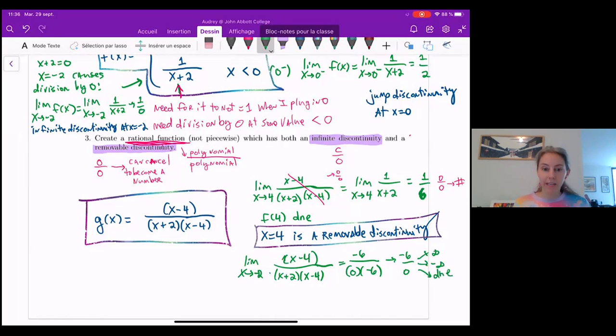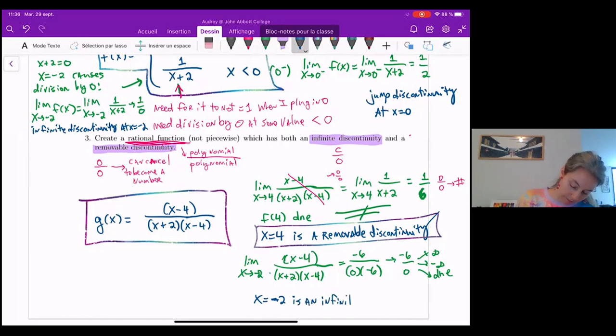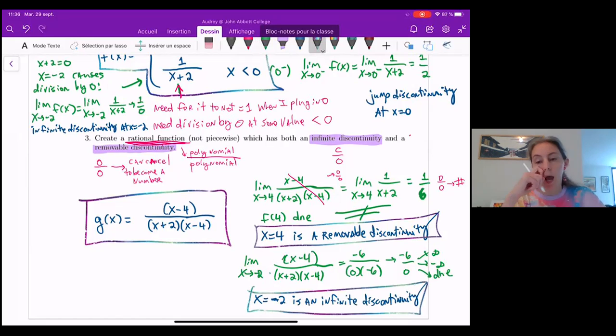That is my infinite discontinuity. So x equals -2 is an infinite discontinuity. So here we really had to rely on what we learned in class about what we get when we plug in, and how that results in the different discontinuities.